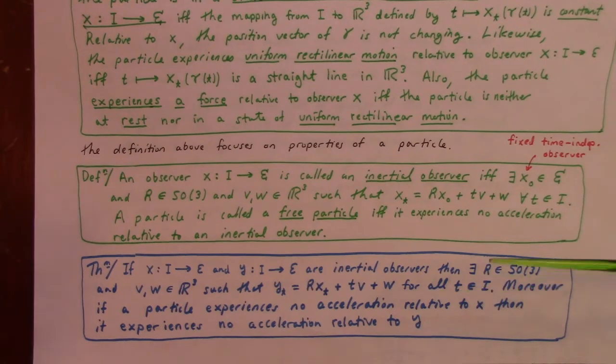Like you could imagine, you know, two giant elevators, so to speak, right? And they're both accelerating upward with the same acceleration. And then you could have one rotated and the other shifted up a little bit.